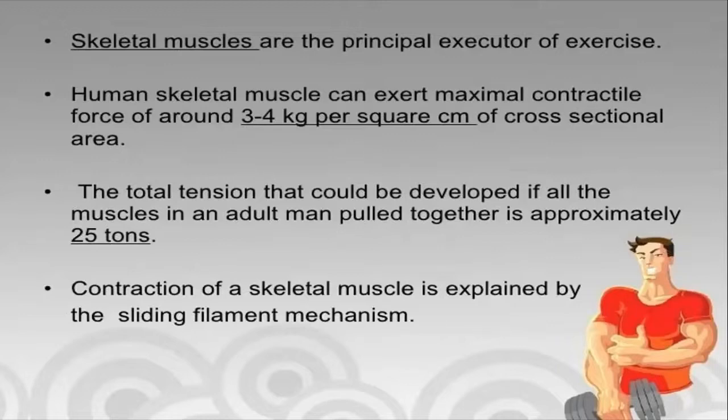So the power of the muscle contraction is different from the strength, because power is a measure of the total amount of work that the muscle performs in a unit period of time. So power of the muscle and strength of the muscle are somewhat different.